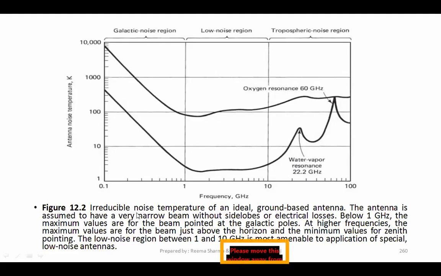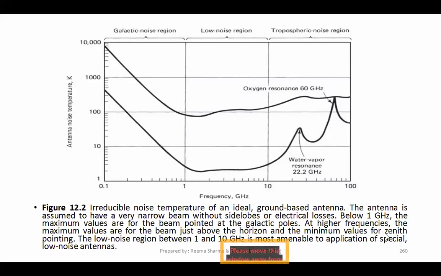So this is the detectable noise temperature of an ideal ground-based antenna, which is actually in the ground station. The antenna is assumed to have a very narrow beam without side lobes or electrical loss. So we are trying to consider an antenna which is very ideal.